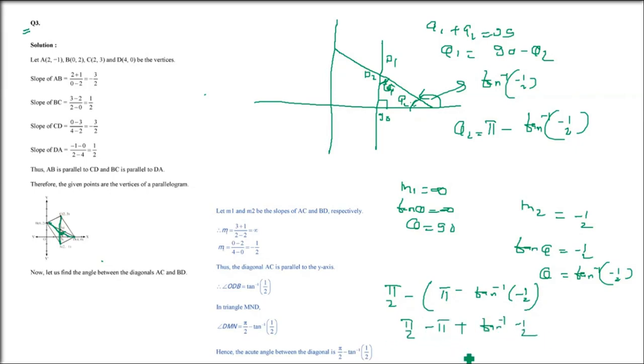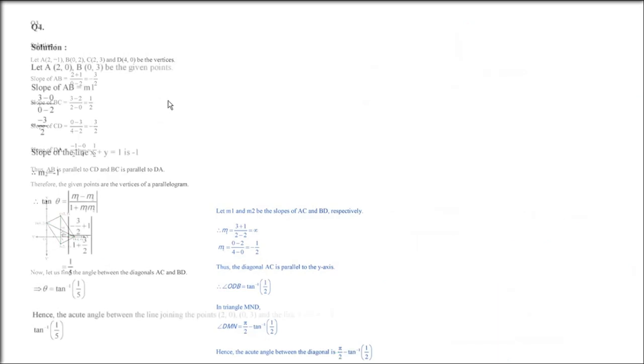And tan inverse minus half: the minus comes out because tan inverse of minus theta is minus tan inverse theta. So you can write it as minus tan inverse half. This is your real answer: minus pi by 2 minus tan inverse half.